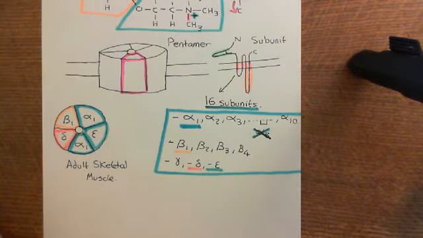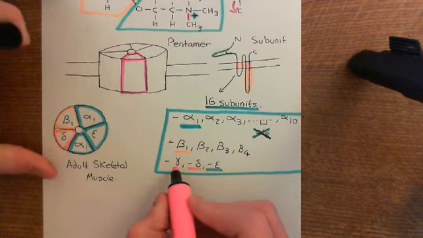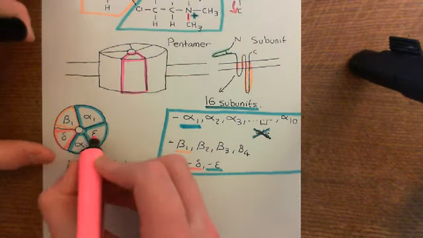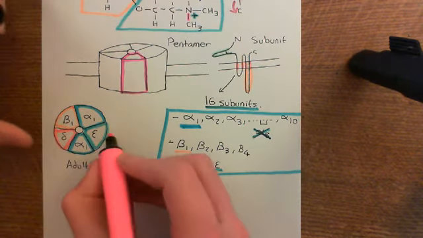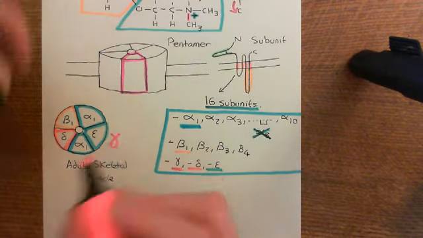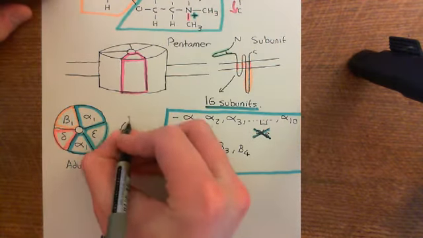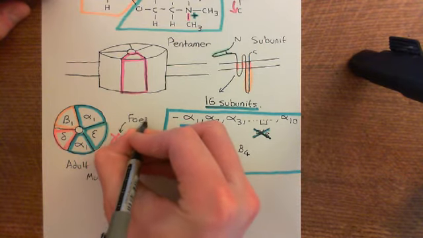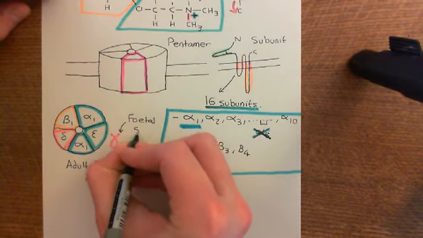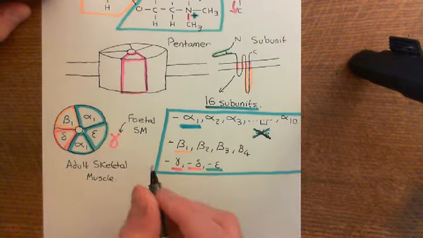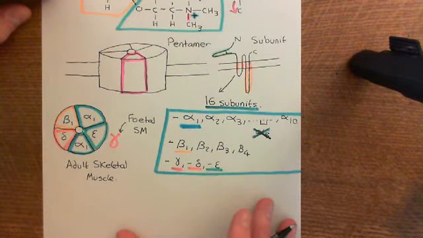In fetal skeletal muscle, they use the gamma subunit where the epsilon subunit is. So instead of having the epsilon there, you would have a gamma subunit there, and that's in fetal skeletal muscle. So you have a different one when you're in the womb compared to when you're actually an adult human.